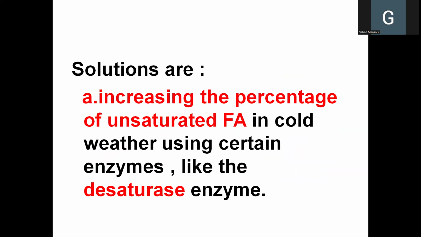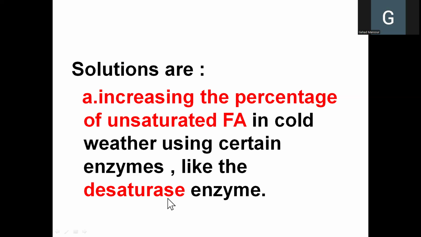So what are the proposed solutions? The first solution is from the part of the cell membrane, but the second solution will be from the part of cholesterol. From the part of the cell membrane, when the membrane is in cold weather, it will try to convert some of its saturated fatty acids into unsaturated fatty acids using an enzyme called desaturase enzyme.